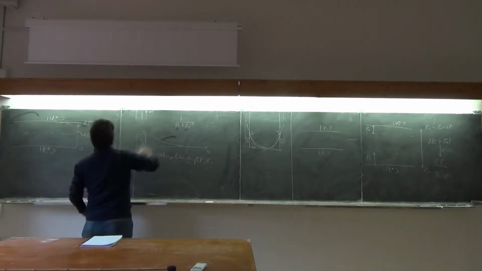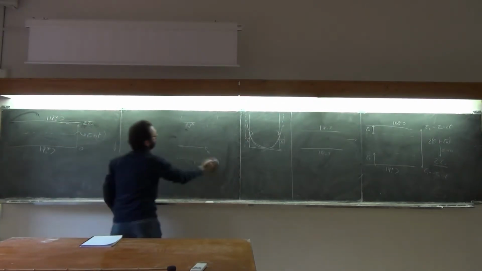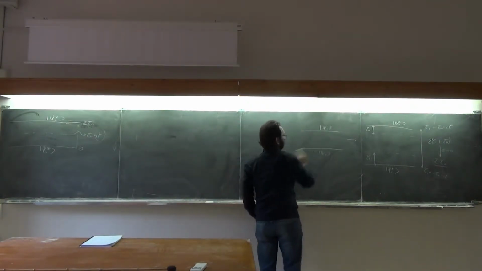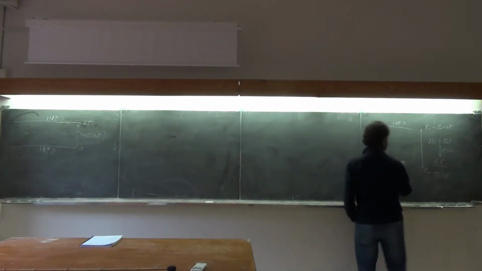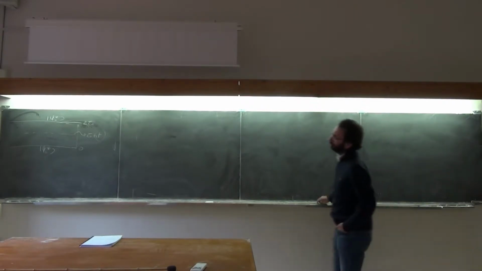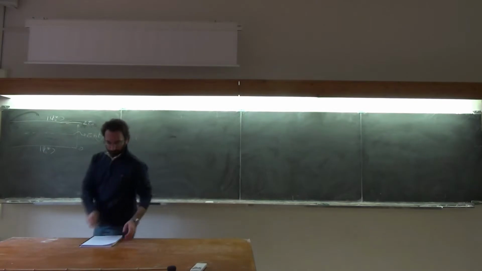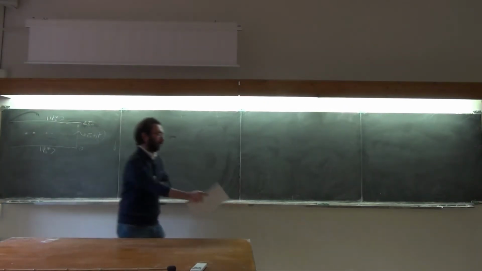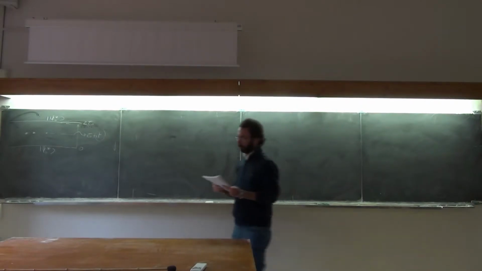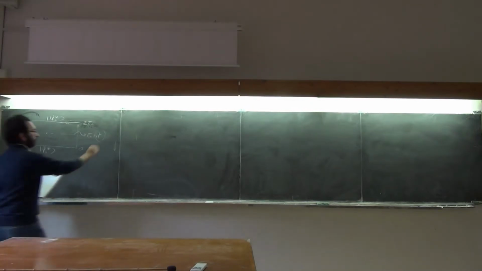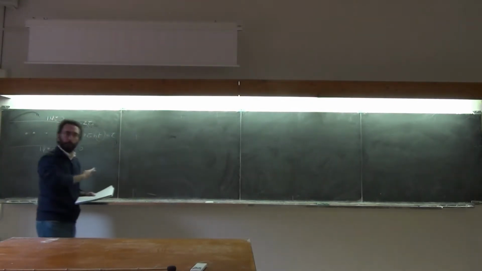Okay, so if we have this geometry, where we have some operator inserted at tau naught plus i t, let's call it tau, and it will be real for all our calculation.